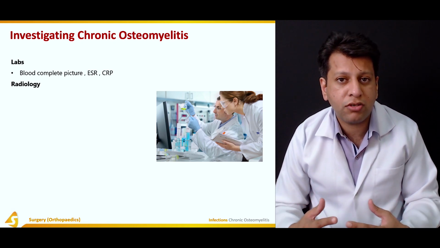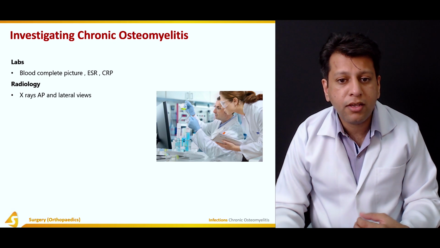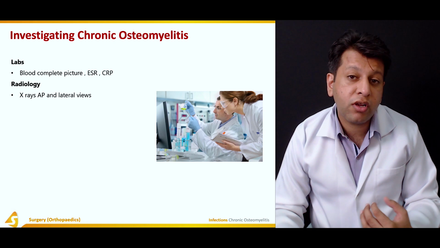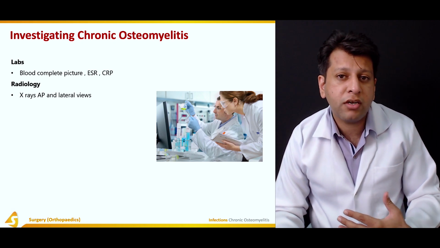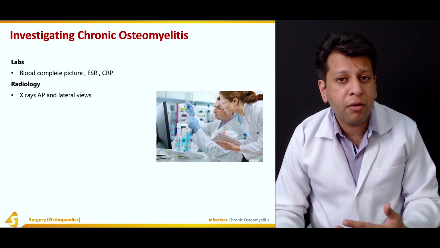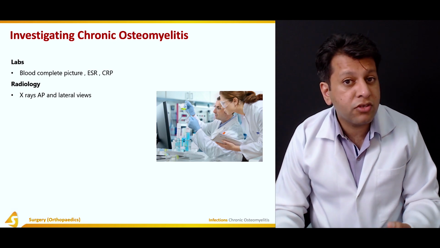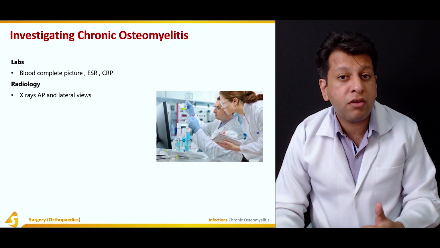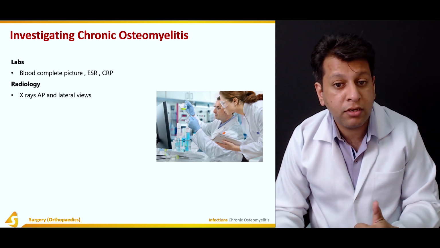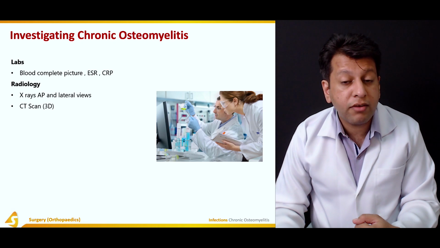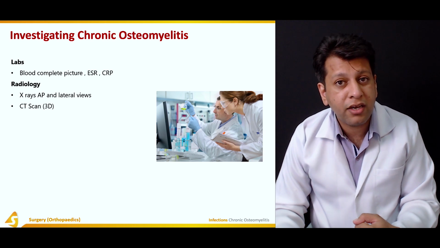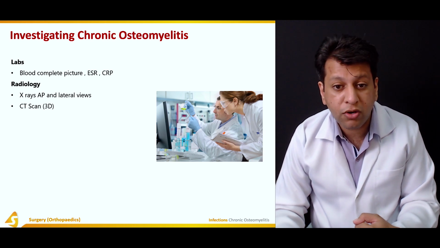We have to see which bone is involved. If there is a foul smelling discharge and the sinus is at the back of the thigh, which means most likely it's the femur, then we get an AP and lateral x-ray of the femur involving the hip and the knee joint. Then we can get 3D CT scans to see the condition of the bone, how much of the bone has necrosed, and whether there is any new reactive bone formation or not.